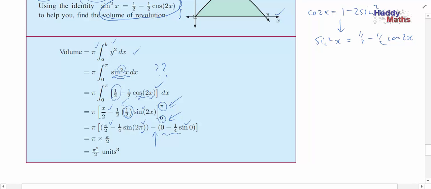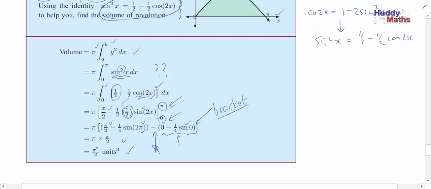So you need to put all of this in brackets to get the signs right. Here it didn't matter because this bracket came to naught in this particular case. But just remember the use of the minus and a bracket for that second evaluation. All right, so it's pi times pi on 2, or pi squared on 2 cubic units.